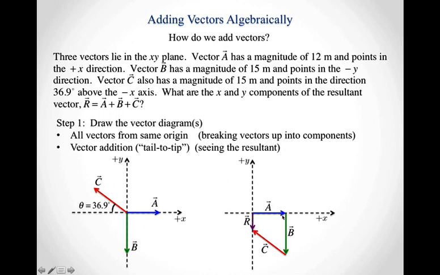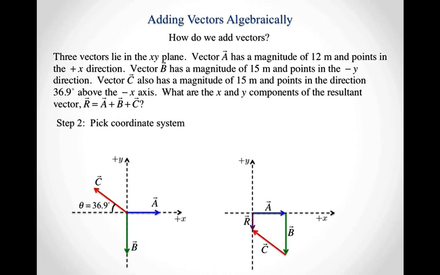But here I've been pretty consistent about keeping the magnitudes of my vectors constant as I redraw this diagram, and so I've got a pretty good sense that the y component of vector r is going to be negative and the x component is going to be something pretty close to 0. So there's step 1. Draw my two vector diagrams.